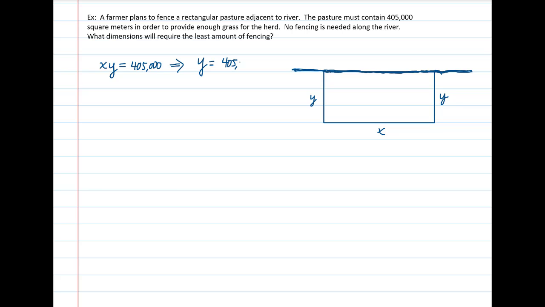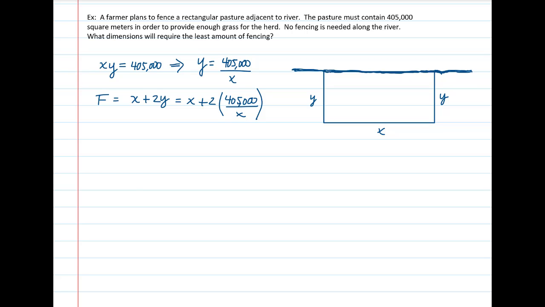Right? Solving for y. Again, you can do this for x. It doesn't matter which variable you solve for. You just have to be able to solve for one, so you can substitute that into your primary equation. Now, since we want to minimize the amount of fencing, I'm going to call my primary equation F. F is going to be equal to the perimeter, or the sum of all those sides of fencing.